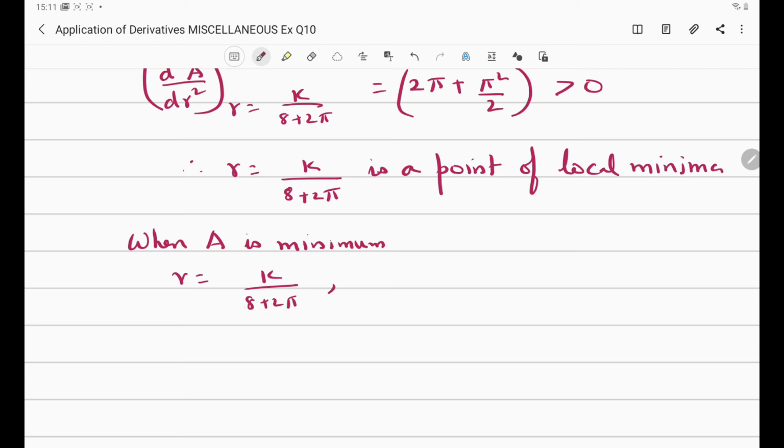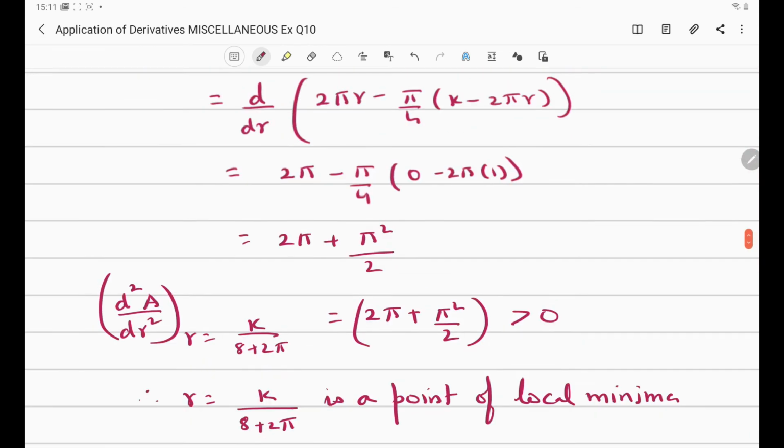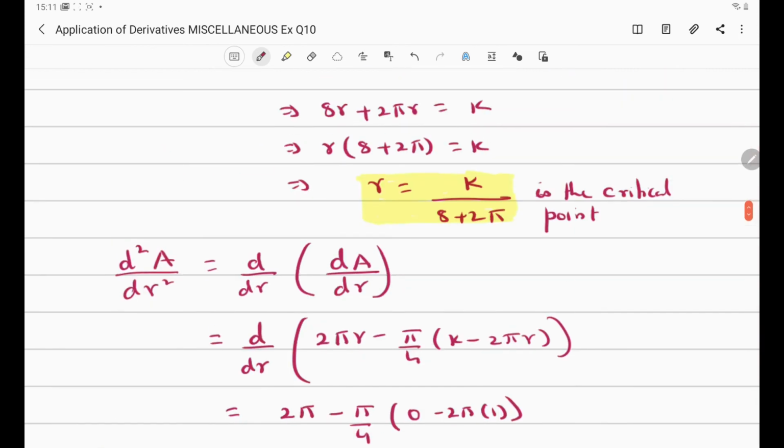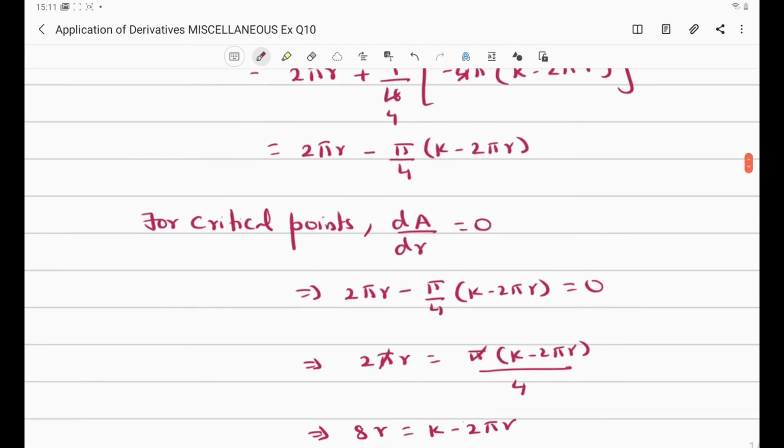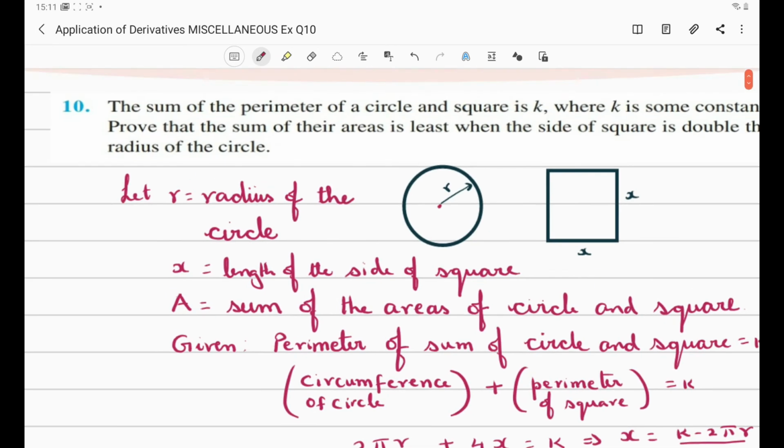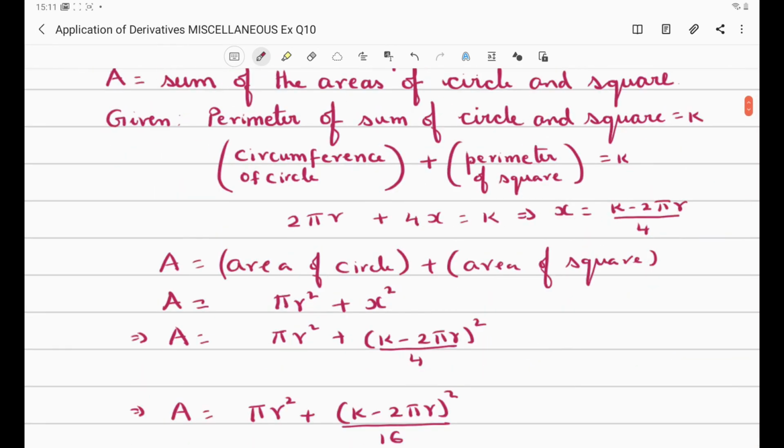So let us find out what is x from this. So x is equal to, the relation between x and r is already given, x is equal to k minus 2 pi r by 4.